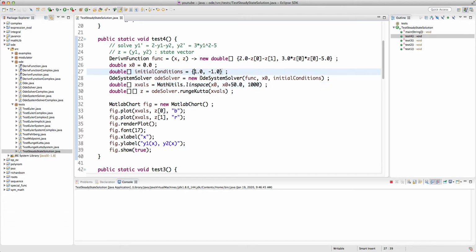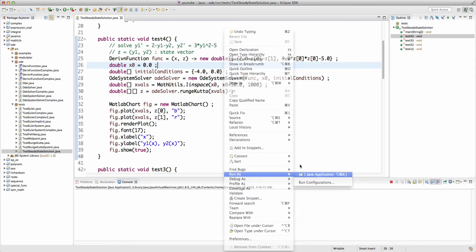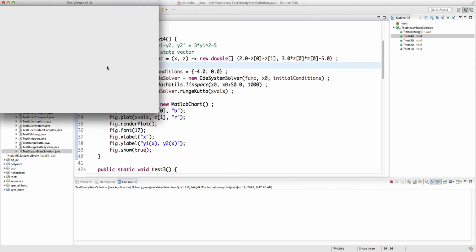So if I want to reach the other steady state, for y1, let's try to make it large, let's say 4, right? Because the steady state solution is -1.29. And let's also keep this as 0, for example. So we hope to reach the steady state for the second solution. Let's see what happens.